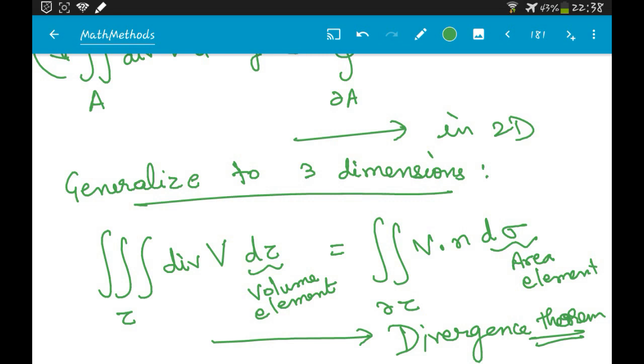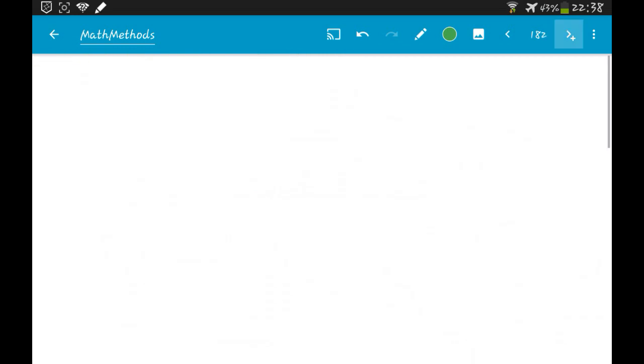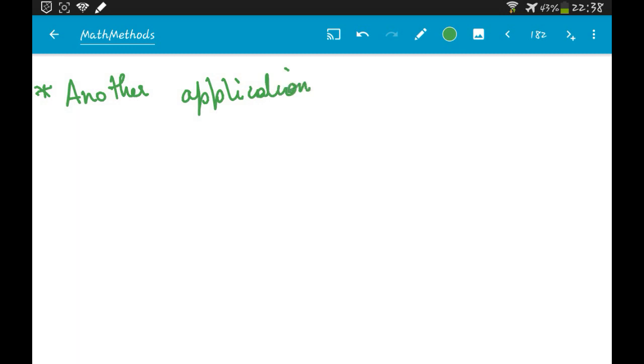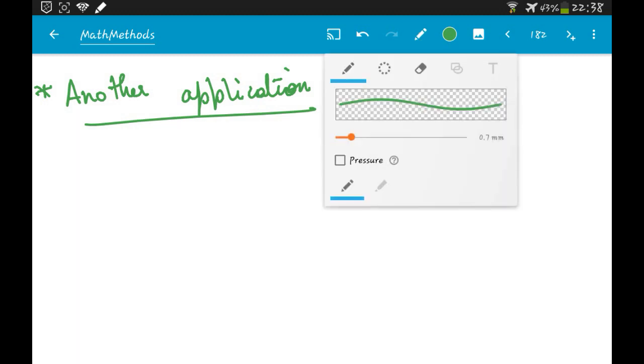Let's look at another application of Green's theorem. So another application would be, let us first write Green's theorem so that we know what we are working with.